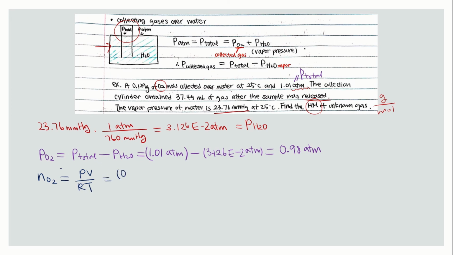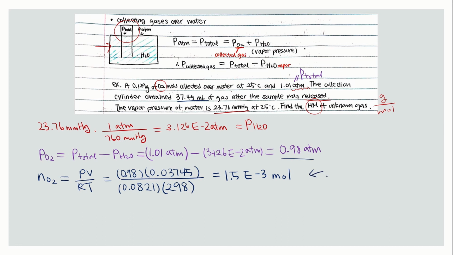And pressure for oxygen was calculated to be 0.98 times volume, 0.03745, because it has to be in liters and it gave you the milliliters, so you have to divide this by 1,000, over R, 0.0821, times 298 Kelvin, which you get 1.5 E-3 moles. That is the moles for oxygen.